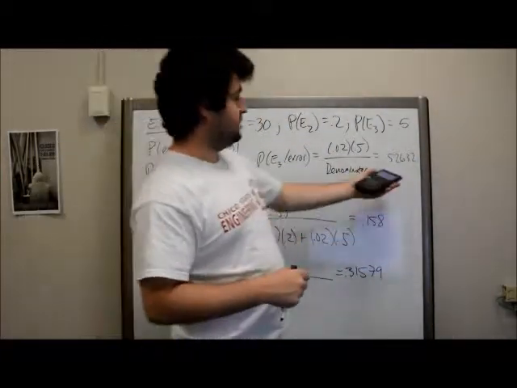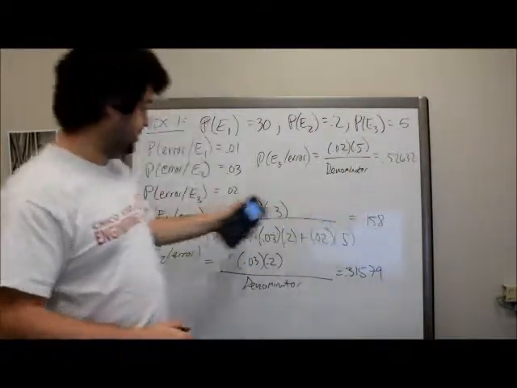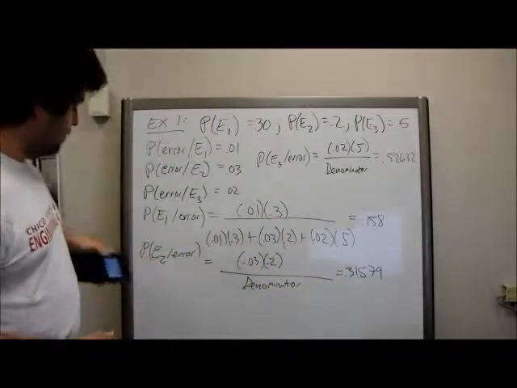So this says there's a 52% chance that he made the error, 15.8% for engineer 1, and 31.5% for engineer 2.